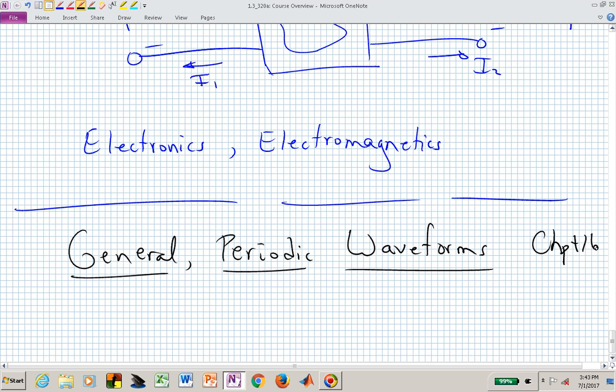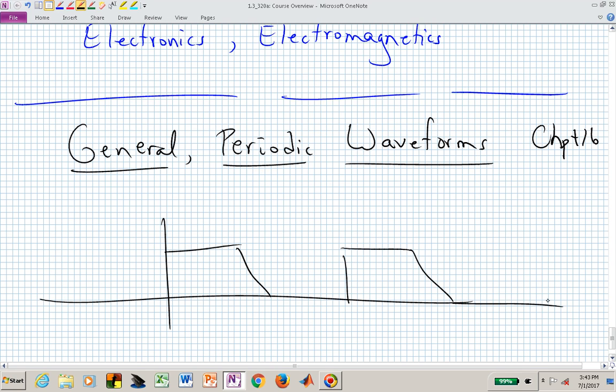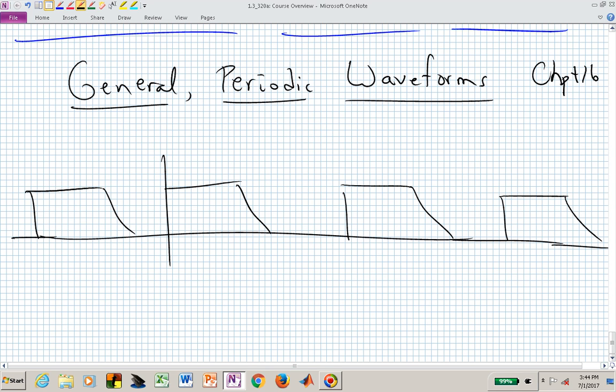Again, this is going back into Chapter 16. We could think of not just sinusoidal steady state waveforms, but a more general periodic waveform. These are supposed to be the same little bumps that maybe have some shape to them.